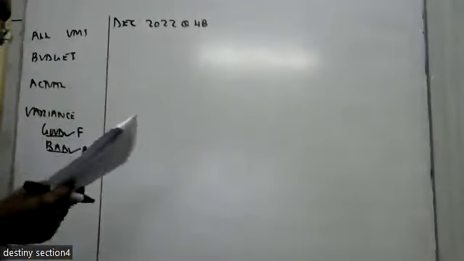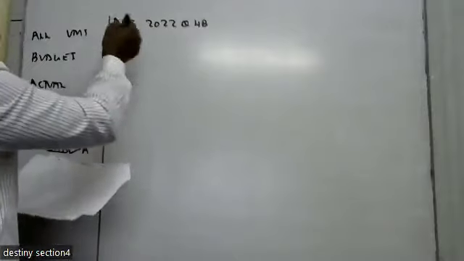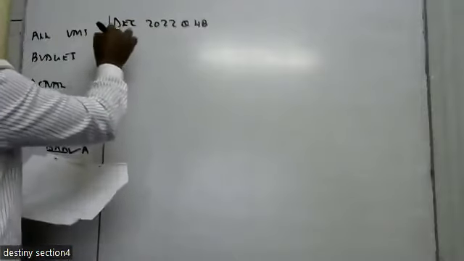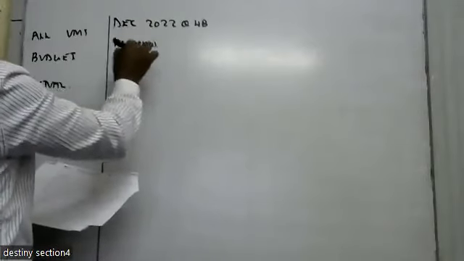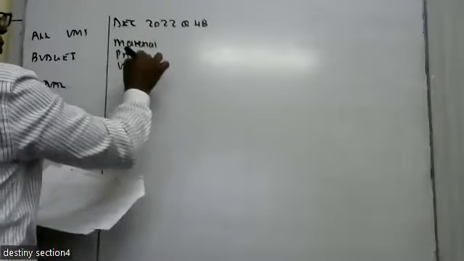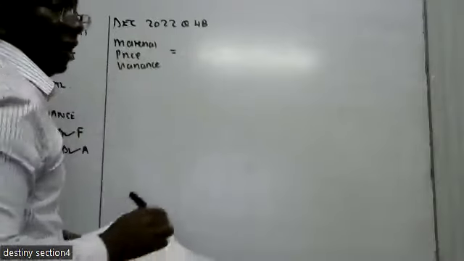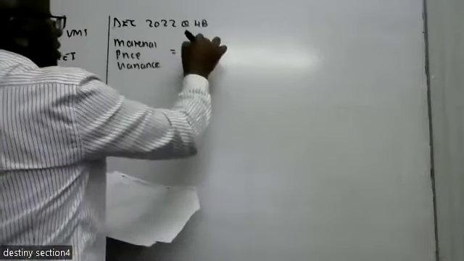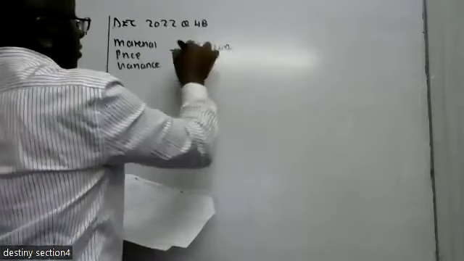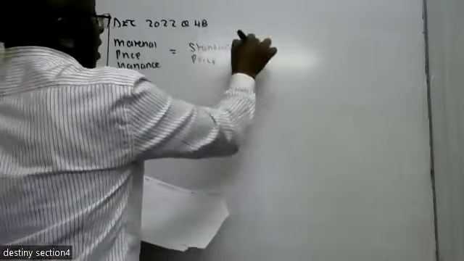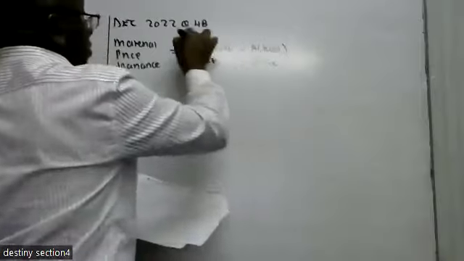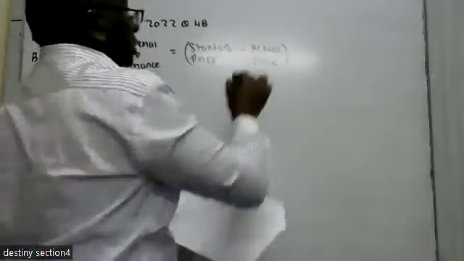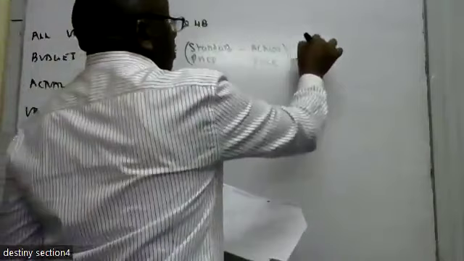So, let's get material price variance. Let's start there with the formula. Material price variance is given as standard price minus actual price, close the brackets, multiplied by actual quantity.